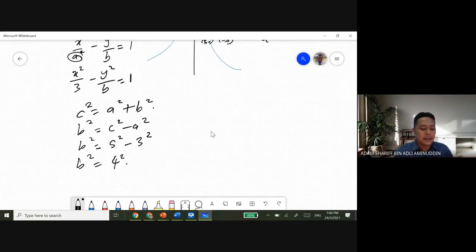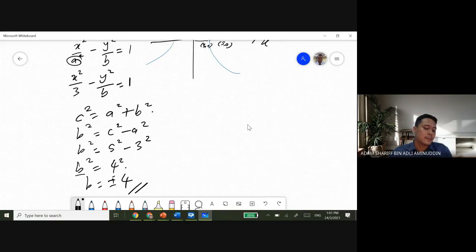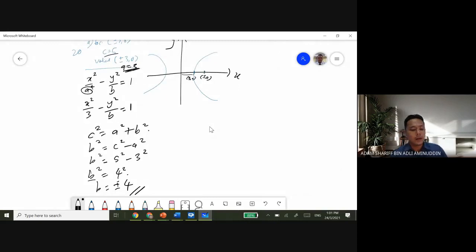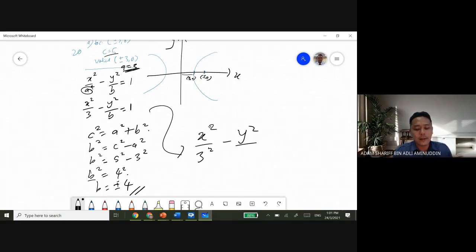So, B squared equals to 4 squared, therefore B equals to plus minus 4. Tak perlu squarekan. Lastly, we translate that the equation will be x squared over 3 squared minus y squared over 4 squared equals to 1. Saya faham soalan awak actually.